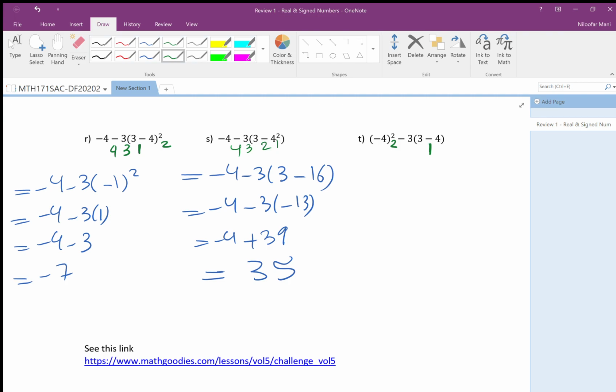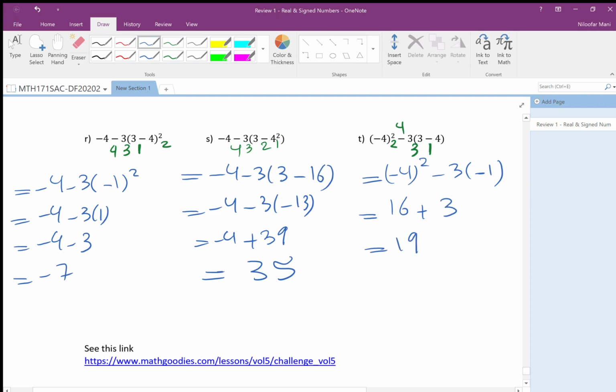I finish all my brackets, then I go to exponents, and then I do 3, and then I do 4. And then I do this. So minus 4 squared minus 3 times minus 1, which is 16 minus minus 3, which is 19.